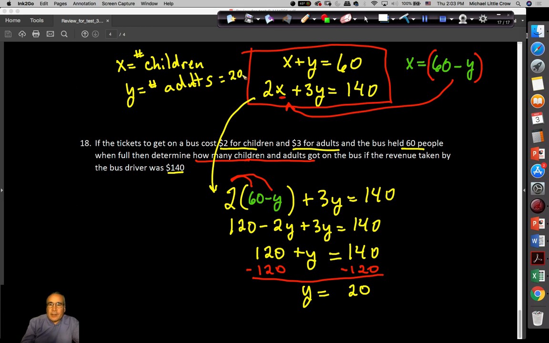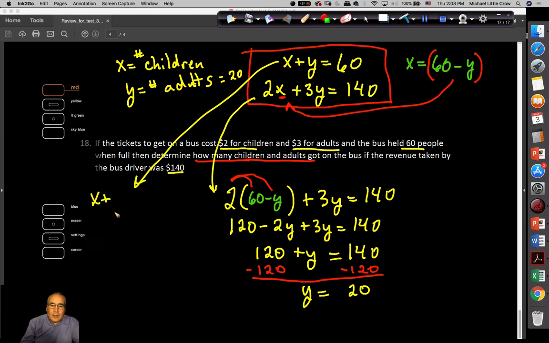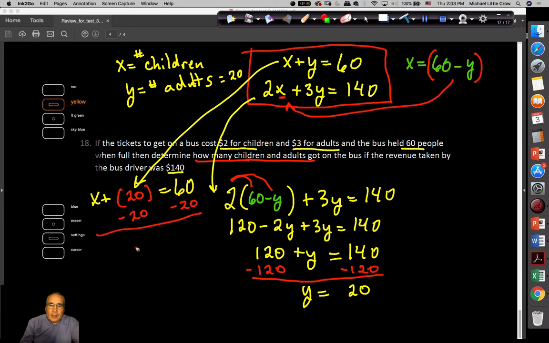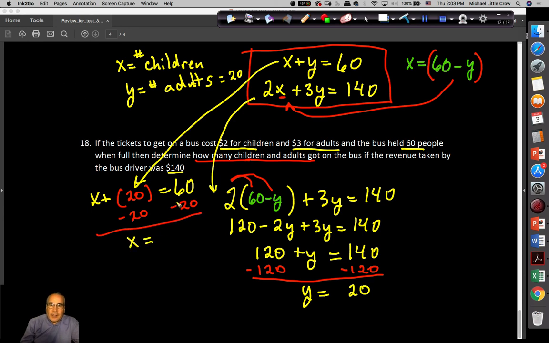So then Y is 20, so we take this equation here, we get X plus 20 equals 60. Subtract 20 from both sides, and we end up with X equals 40. So 40 children, 20 adults.